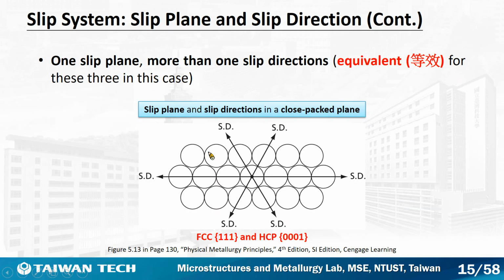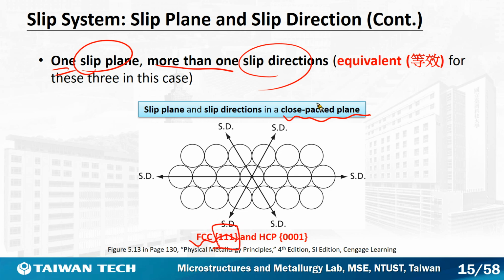And also, here is a fact that one slip plane can have more than one slip direction. And we will call all these slip directions equivalent. So you can see here, this is the close packed plane. For FCC, 111 is a close packed plane.